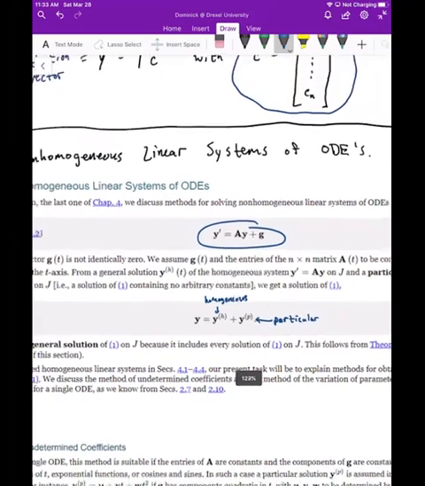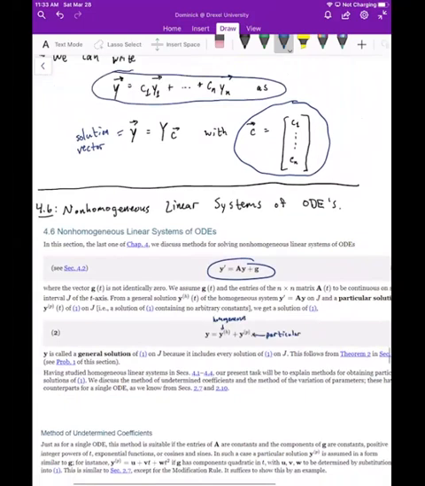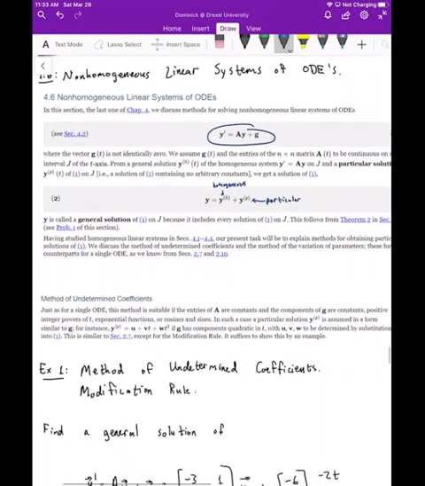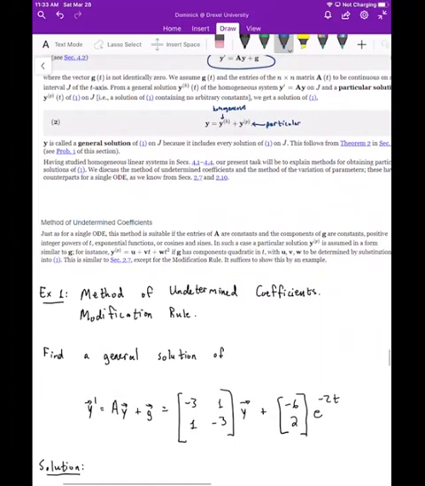So in that sense, it's very much the same as for a single ODE, right? The first thing that we're going to talk about is the method of undetermined coefficients for a system of ODEs. This is a good method, just as for the single ODE case.